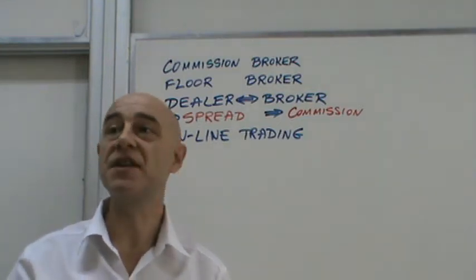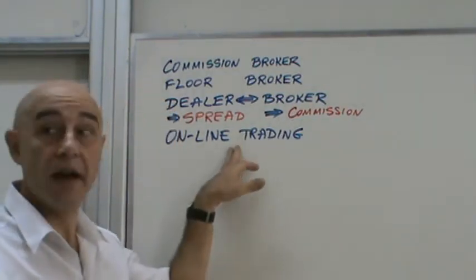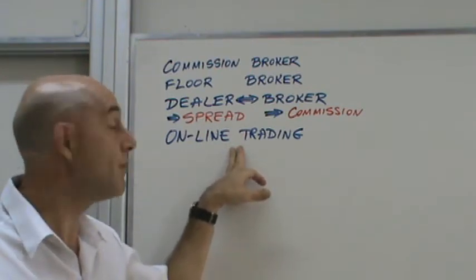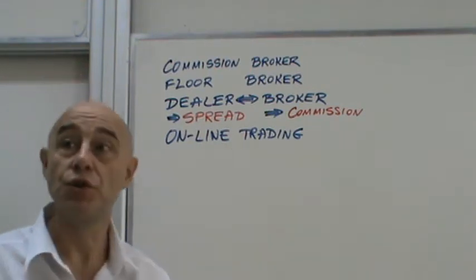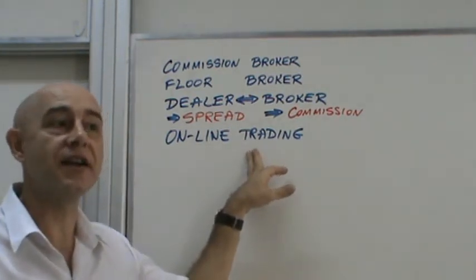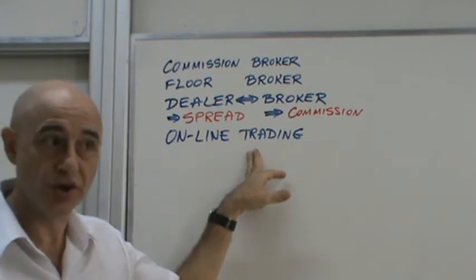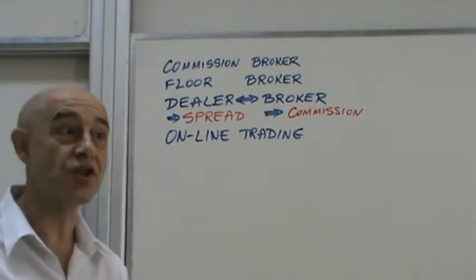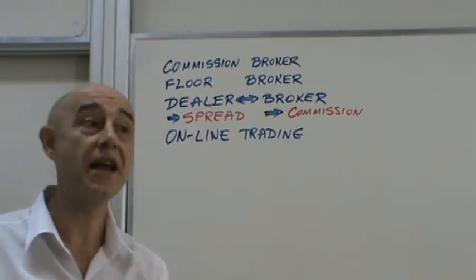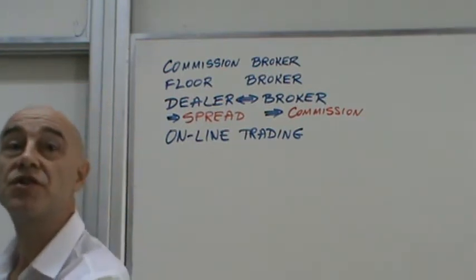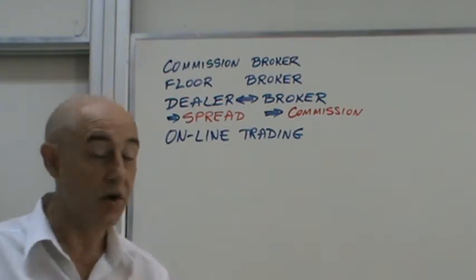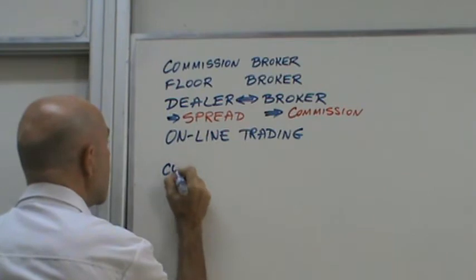They want to buy something, they want to sell something, and this trading platform will connect to the exchange. Sometimes it will connect, let's say, to a financial institution. The financial institution, if it has the stock, will sell it to you, and then the financial institution will buy it from the exchange.